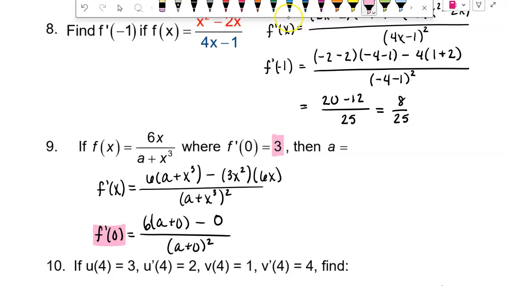So I can replace f prime of 0 with 3. So we've got 3 equals, that'll be 6a over a squared, which means that we've got 3a equals 6, and therefore a equals 2. And that's my final answer.